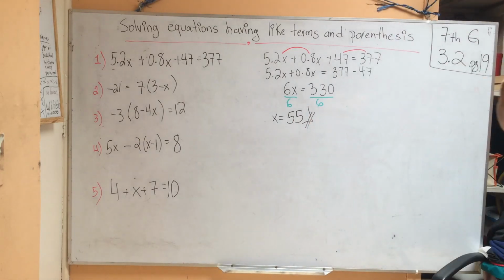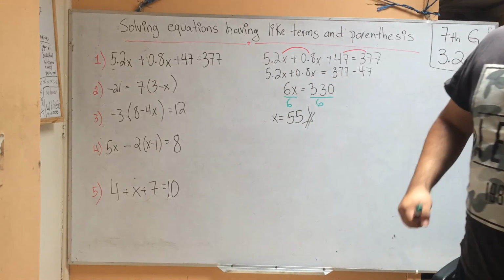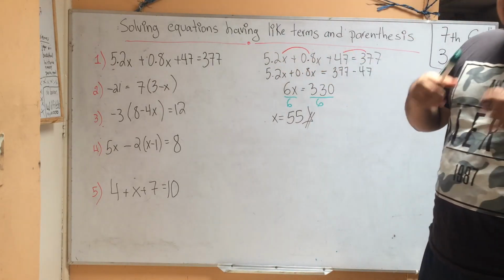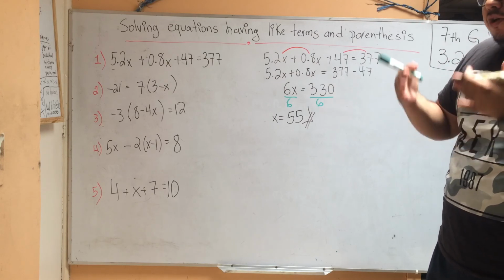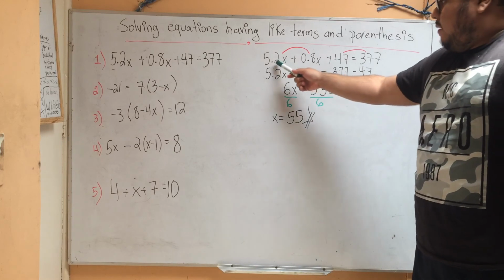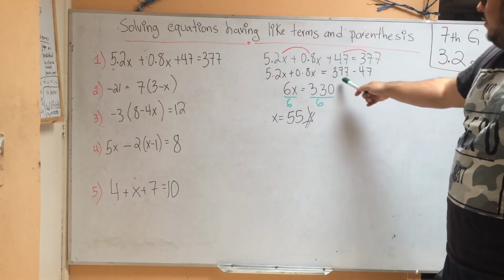So what did we do? First, we group the numbers that are alike. That's why the topic says like terms: like terms have the same conditions, so we can group and solve them. We have 5.2x and 0.8x, and we move the numbers 377 and 47 to the other side.